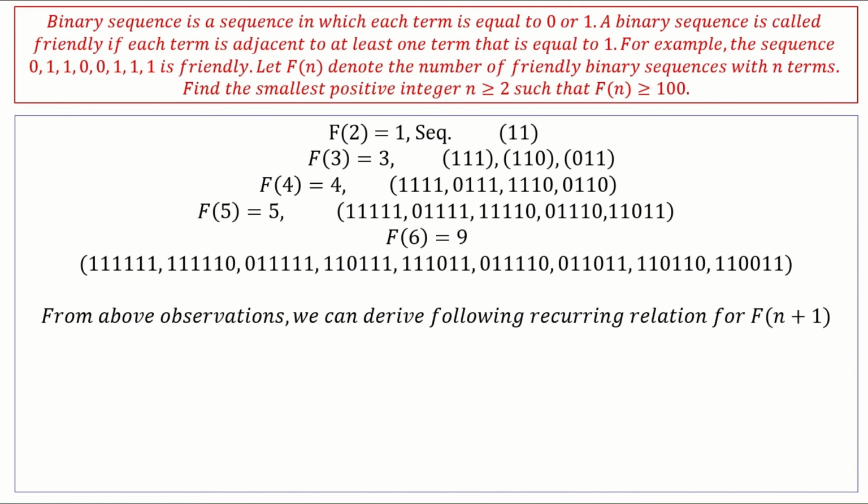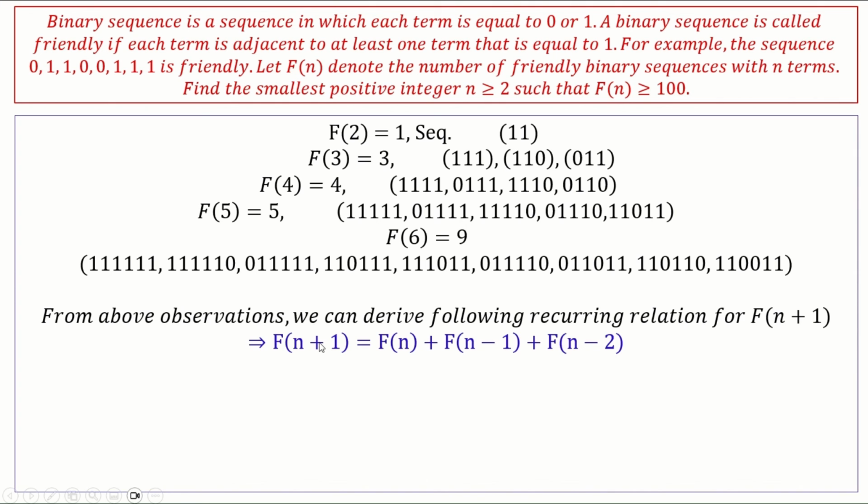So f of n plus 1, I can define as f of n plus f of n minus 1 plus f of n minus 2. Take 9: what I am trying to tell is 5 plus 3 plus 1, that is 9. 5 plus 3, 8, plus 1. Correct.